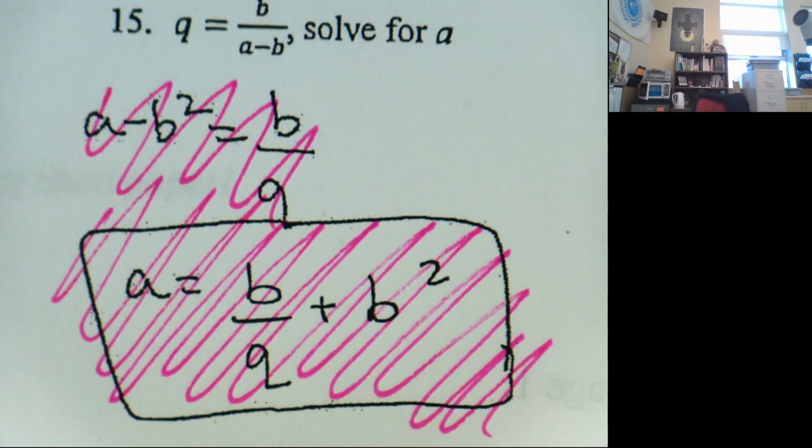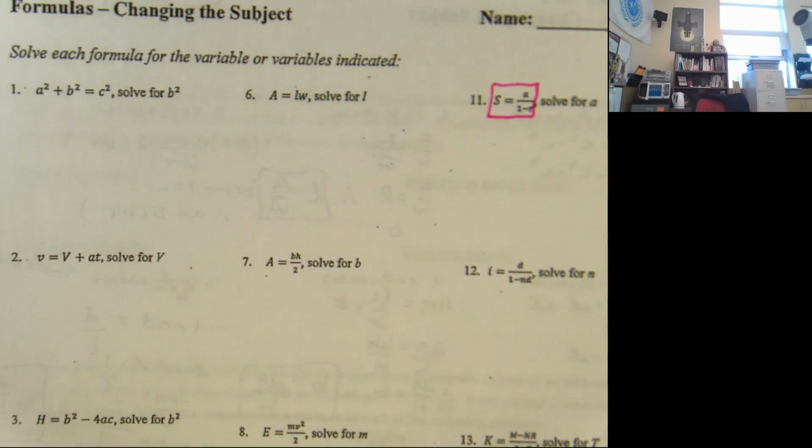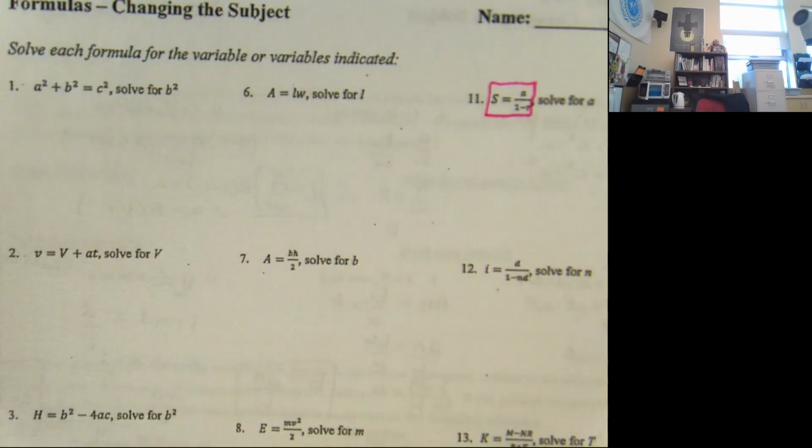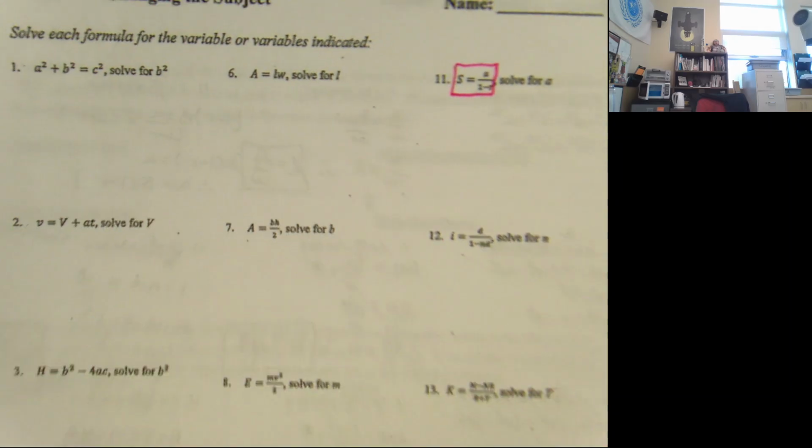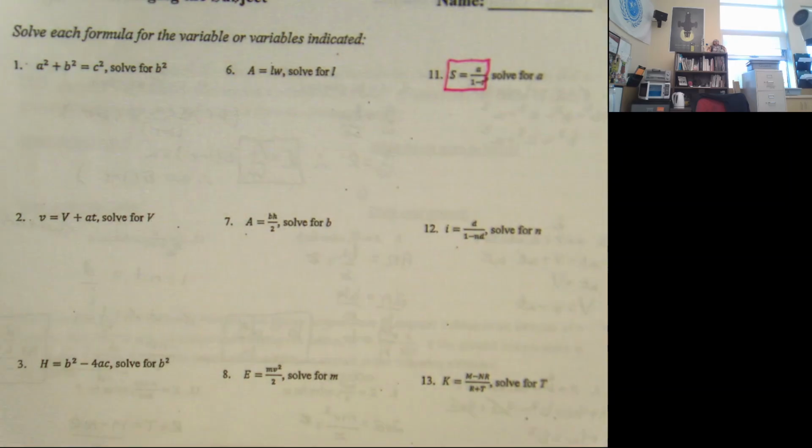So we're gonna scribble some of these things out here. I'm gonna put the answers that I want you to use for 11 through 15 on the board. If you take a look at the answers for them, 11 through 15 on the back, they use a slightly different technique to get an equivalent answer. It'll be different to what you get because I want you to use a particular technique.